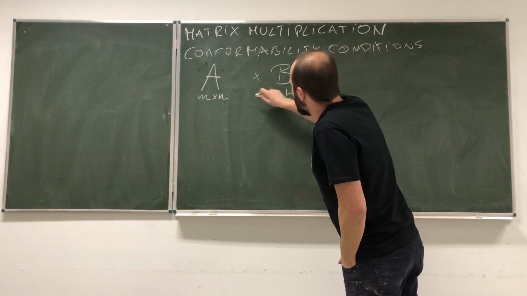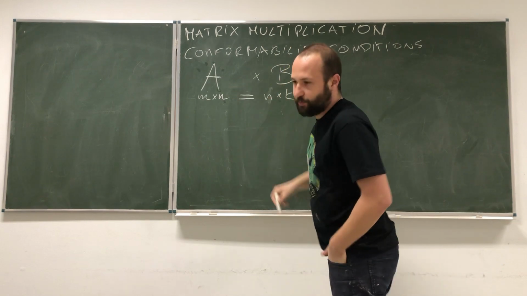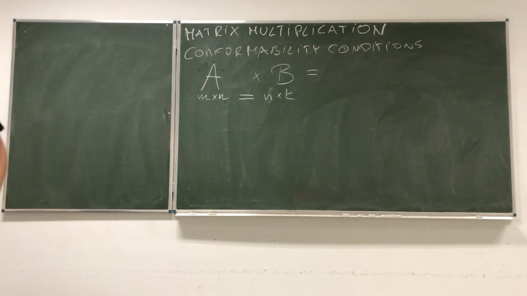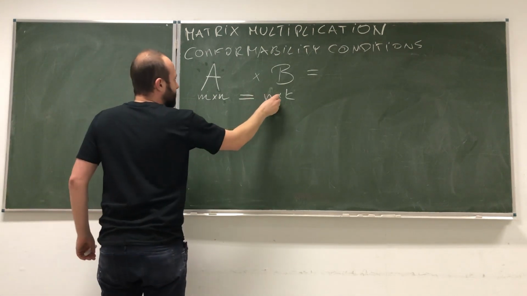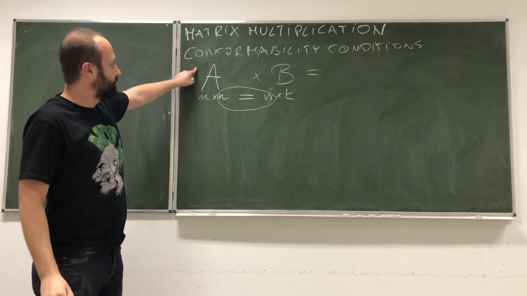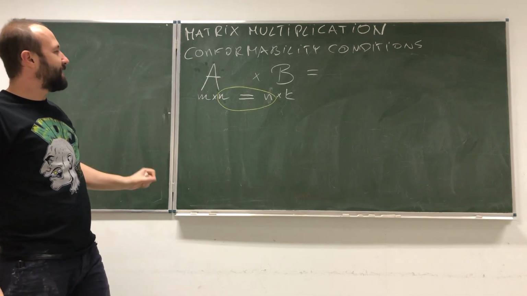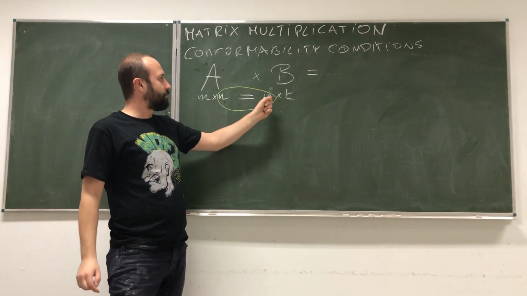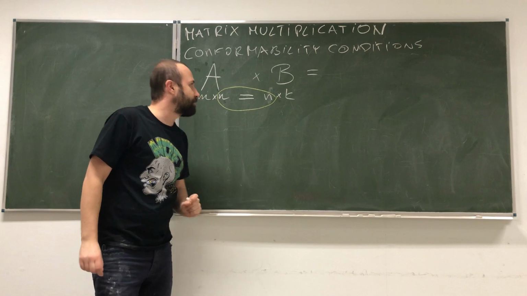So those two need to be equal. The conformability conditions here are very simple. The number of columns in the first matrix must be exactly the same as the number of rows in the second matrix.